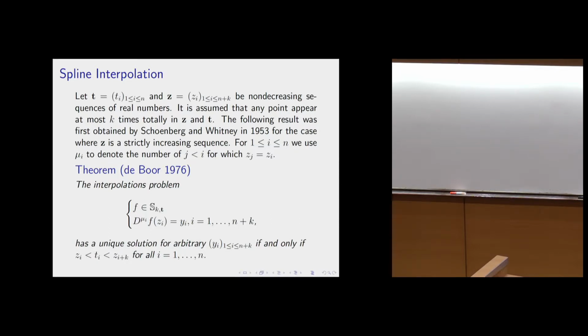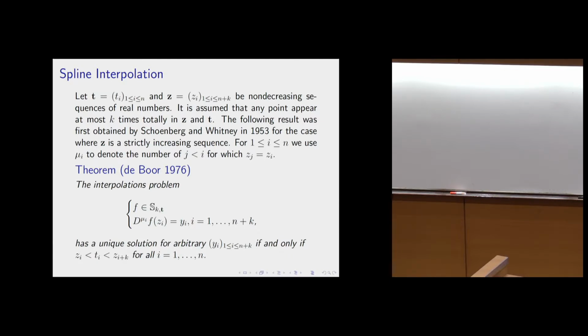This is also a well-known result when the knot sequence is strictly increasing, but de Boor's result in 1976 is the most general. Now, this can be derived from the previous theorem.